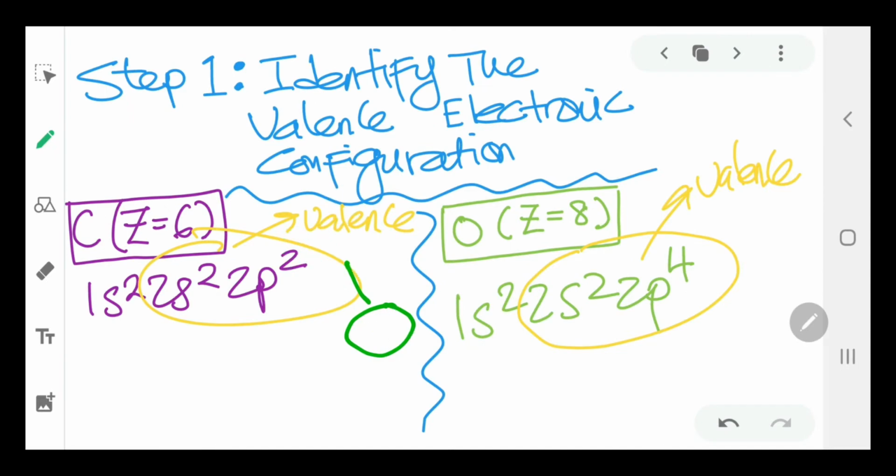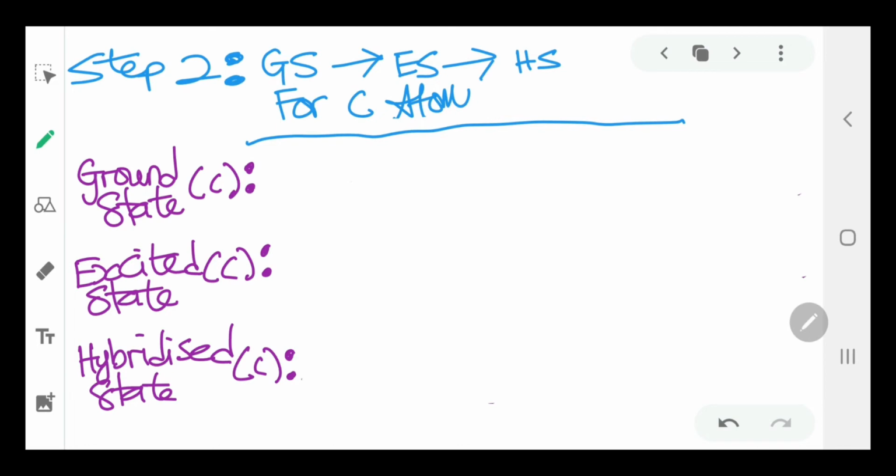Now, it's very important as well, as I have told you before in the previous video, that you need to identify the valence electronic configuration for carbon and oxygen in order for us to be able to explain the ground state, excited states, and hybridized states before we draw the overlapping. And as you can see, that is the valence electrons for carbon, and these are the valence electrons for oxygen. So that is also very important. Now we're going to look at step 2, when we want to describe the ground state, excited state, and hybridized state.